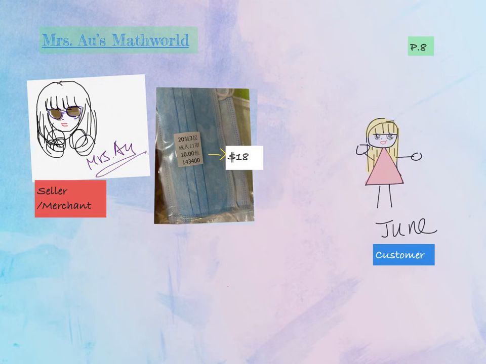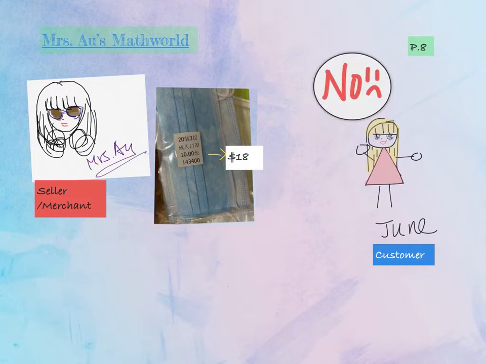But June said it is too expensive, so she's not going to buy it at $18. So Mrs. L decided to make it cheaper to be $12, and then June said it is still too expensive. Then Mrs. L made another sale, and then finally she sold it at $8.